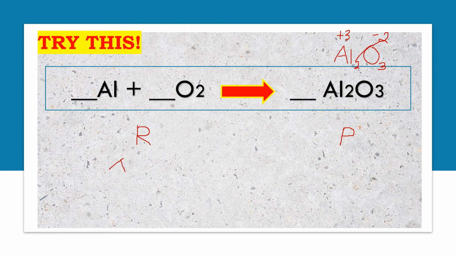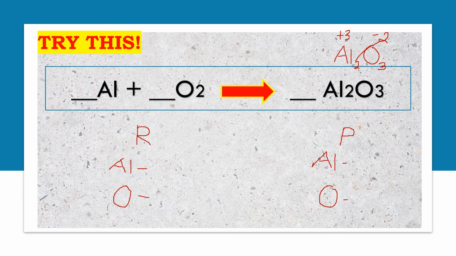So you have Al and O. So the same goes with the product. So kung ano yung element na nilagay nyo sa reactant, yun din dapat sa product para hindi kayo malito. Okay? So let's check on the number of atoms present for each element.